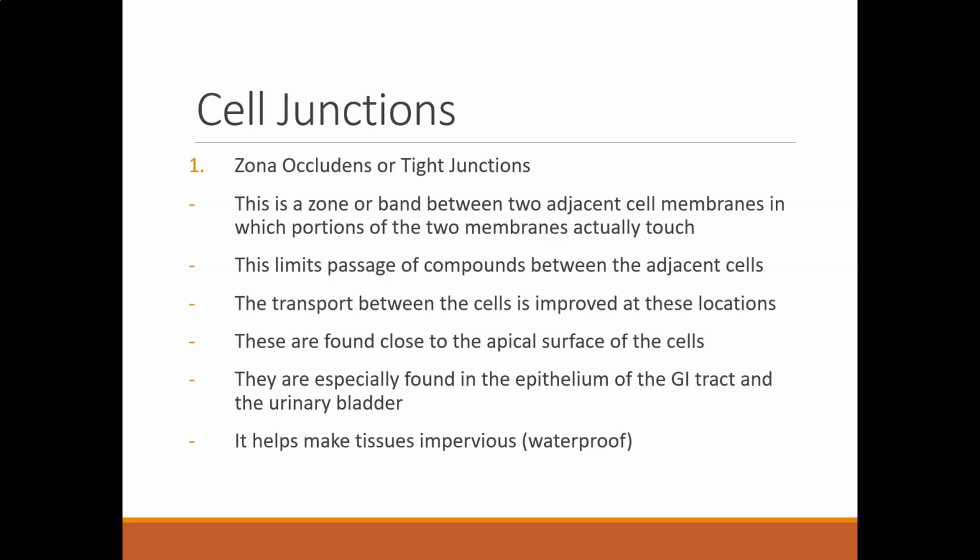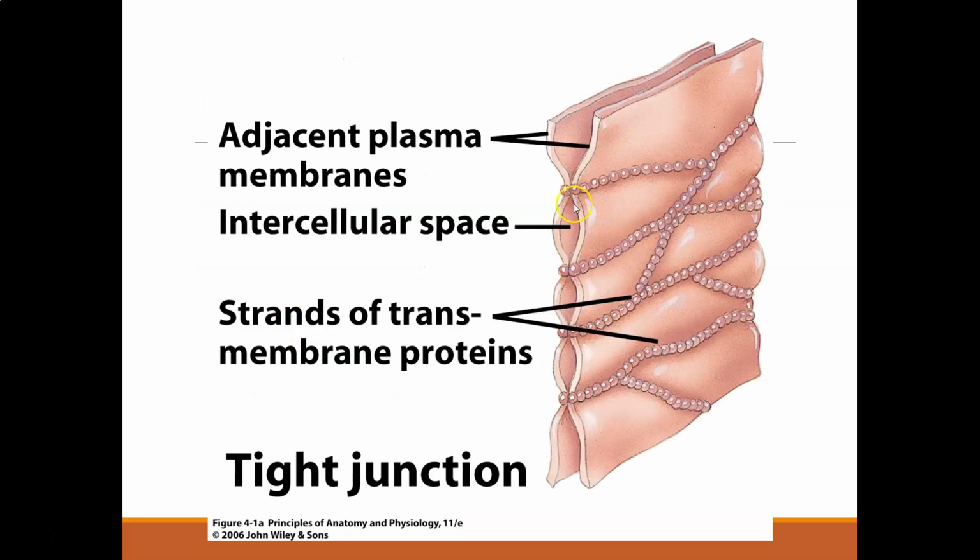And because they make tissues waterproof, we find them in places like the epithelium of the GI tract and the urinary bladder. So this binding together here, we can see that this is so tight that it makes it very difficult for liquids to pass through.